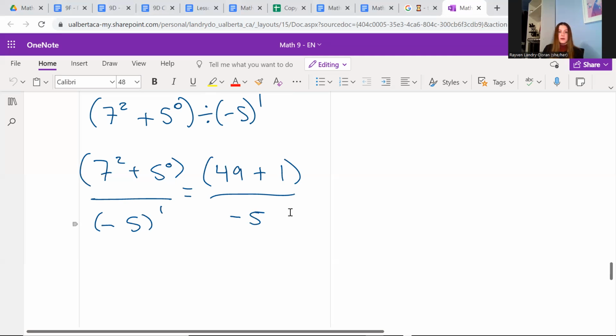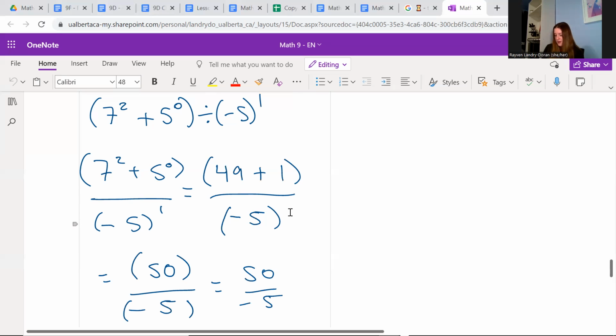In parentheses, we'll keep that in parentheses. And then we want to do 49 plus 1 is equal to 50 divided by minus 5. At this point, there's no point in keeping the parentheses because we did everything we could inside of them.